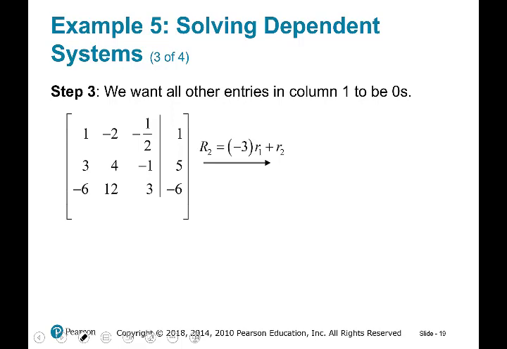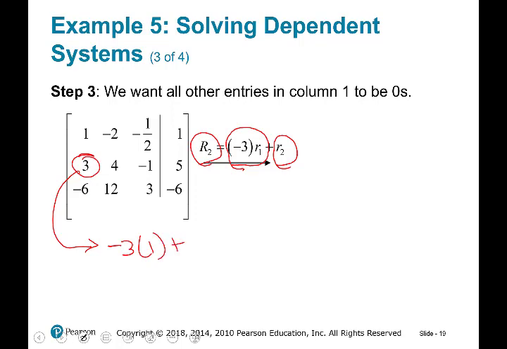Okay, so here to get a new row number 2, they multiply row number 1 by -3 and add row number 2. Again, if you take -3 times 1 plus 3, you get a 0.